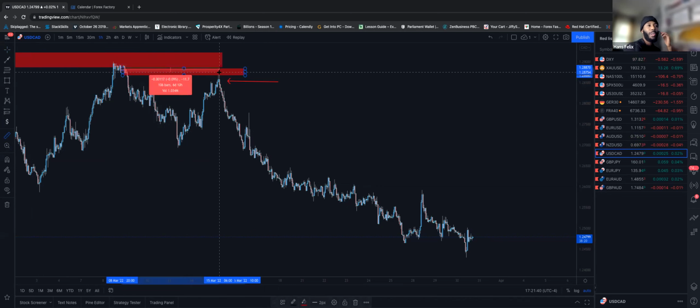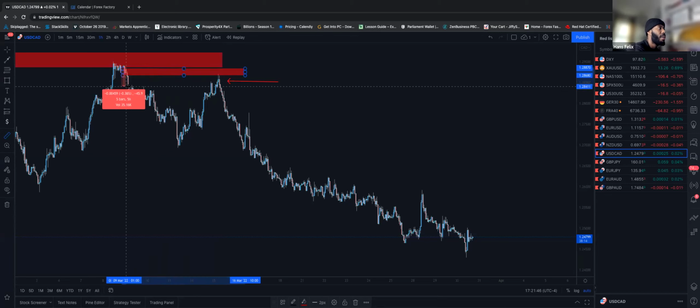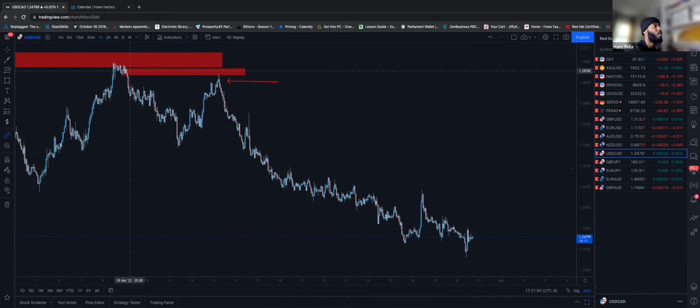But now it makes sense that if market makers have large orders moving price down from here, it's going to take a lot of money to move it past this point. So what better way to move alongside the market makers and use that knowledge against them as well than by putting our stop loss behind the order blocks, above in the supply zone.